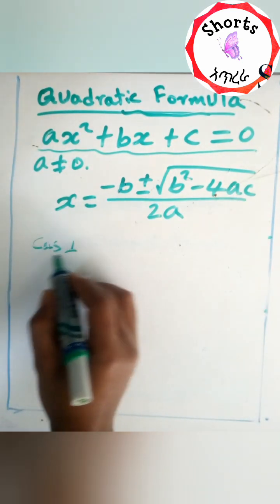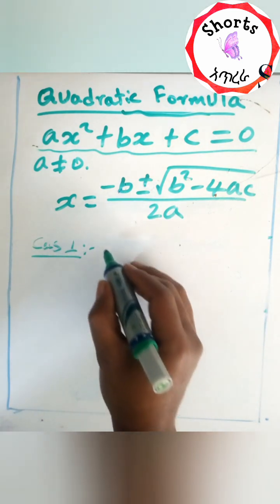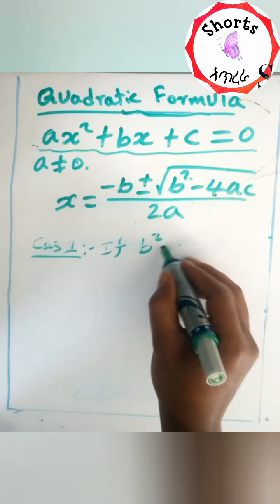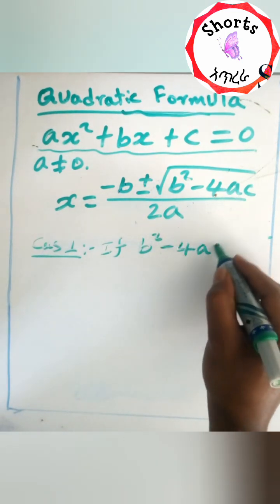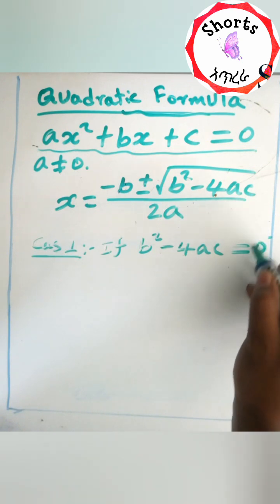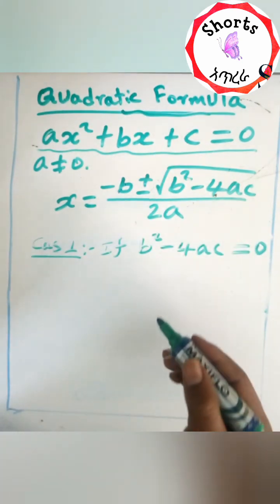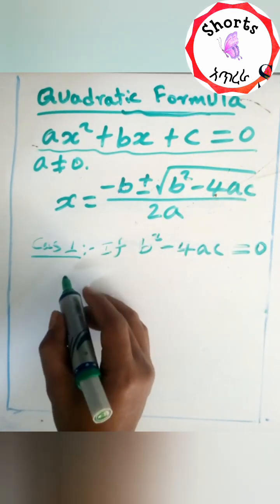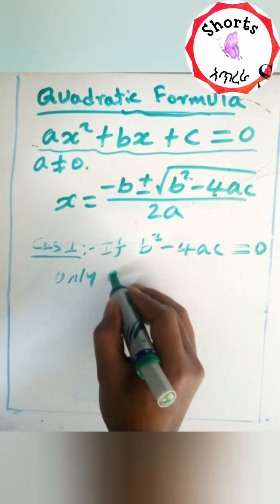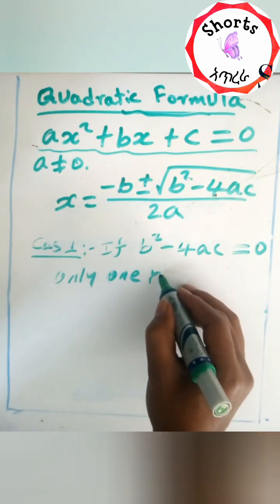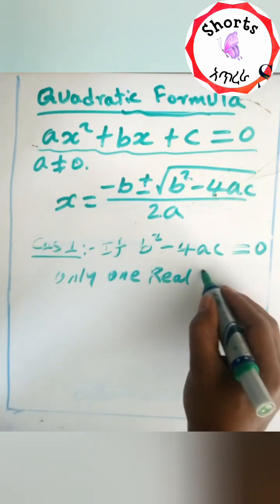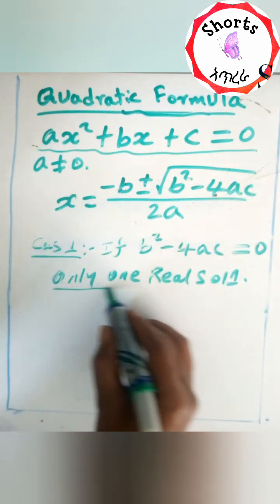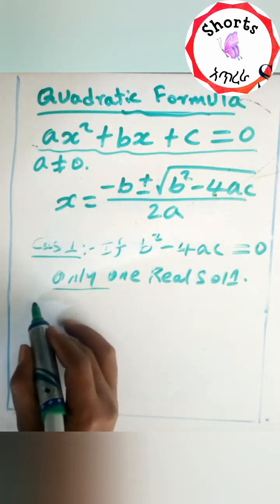Case 1 is if the discriminant term b square minus 4ac is equal to 0, then the quadratic equation has only one real solution.